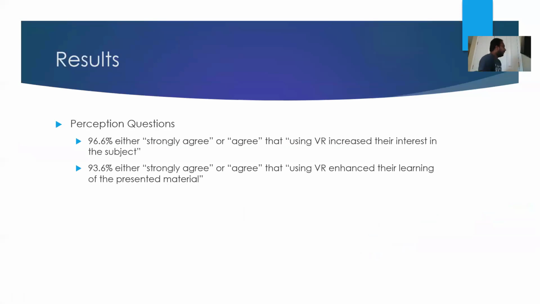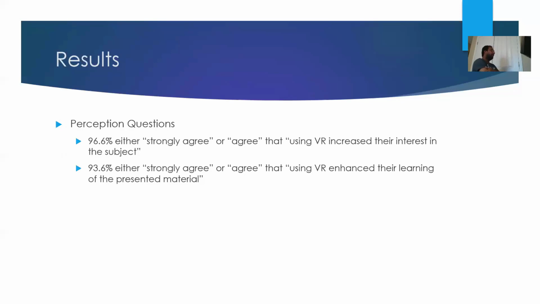Then we also gave a couple of perception questions to understand what students think about virtual reality. What we found is they were really favoring virtual reality. These two numbers say that 96.6% either strongly agree or agree that using VR increased their interest in the subject, and about 93.6% agree or strongly agree that using VR enhanced the learning of the presented material.